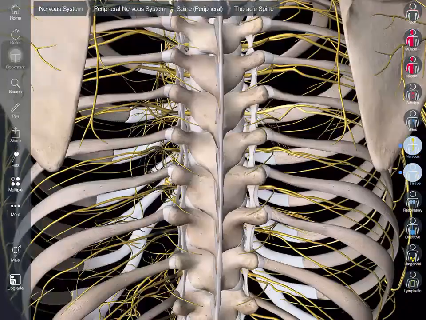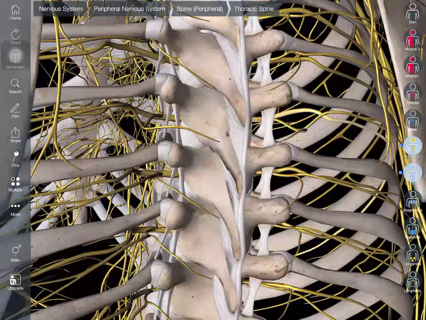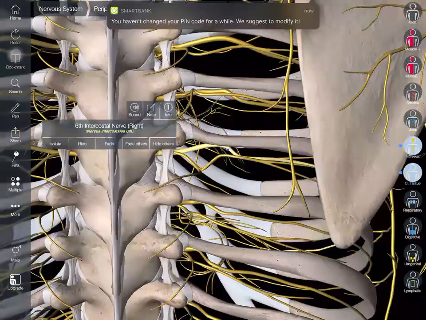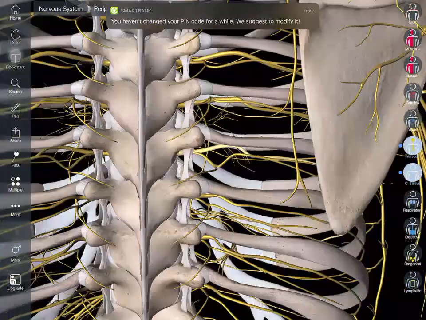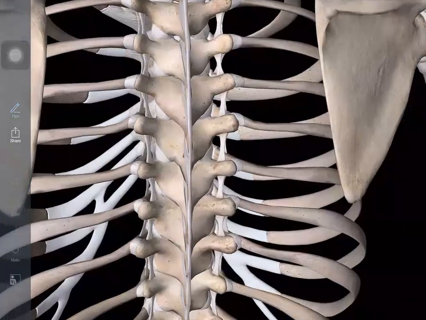And as you see, the intercostal nerve is running right below the ribs, in the costal grooves. What I want you to know is that the main intercostal nerve is passing in the costal groove, right below the rib, and the collateral branch runs toward the superior margin of the other rib.